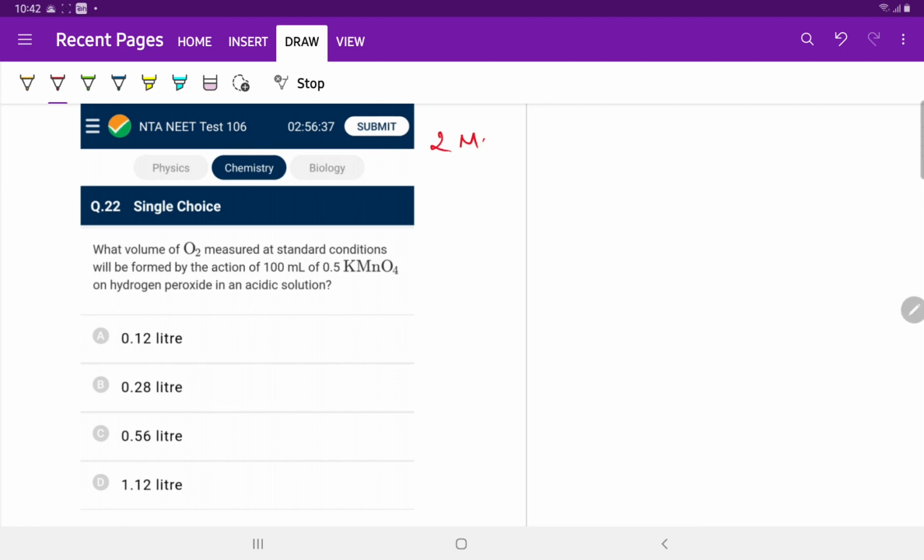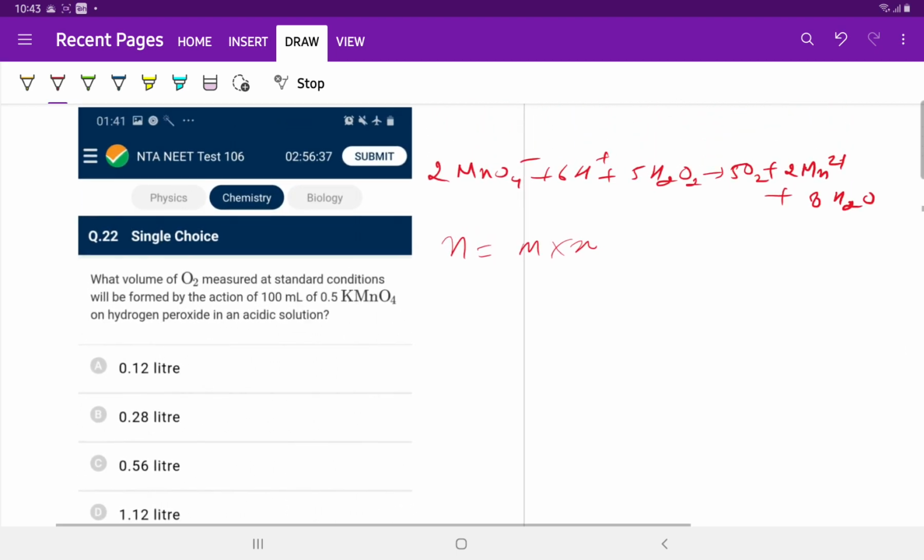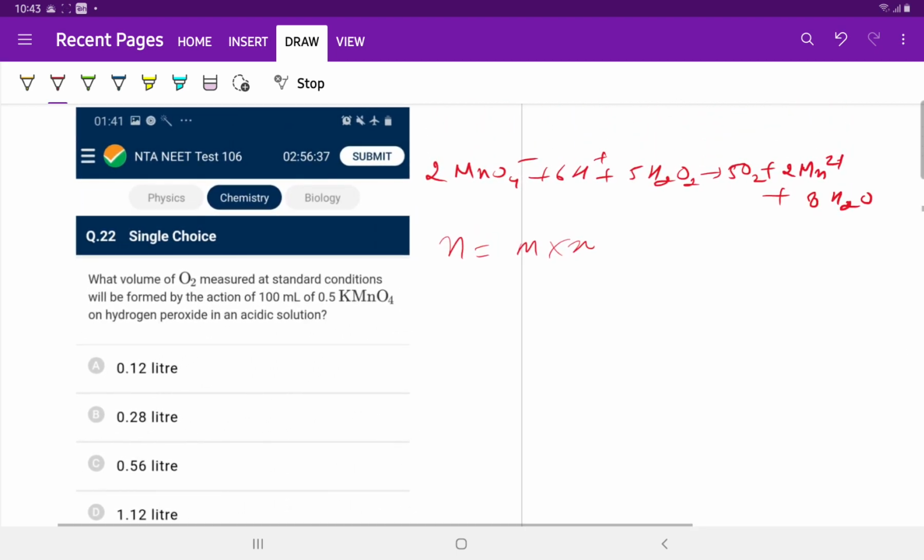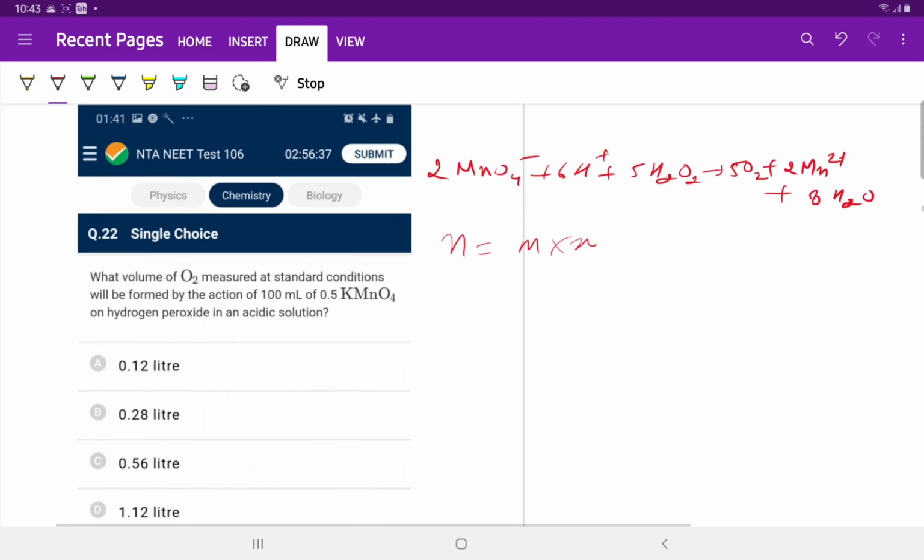There is a misprint, it mentions normality or molarity, but this is normality. The balanced equation is 2 moles of MnO4 minus plus 6 moles of H plus plus 5 moles of H2O2 gives 5 moles of O2 plus 2 moles of Mn2 plus plus 8 moles of H2O. Normality is equal to molarity into n factor, and for obtaining molarity, normality is divided by n factor. The n factor is 10, from plus 7 to plus 2, 5 electrons and 2 moles.